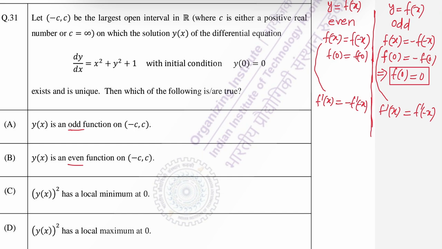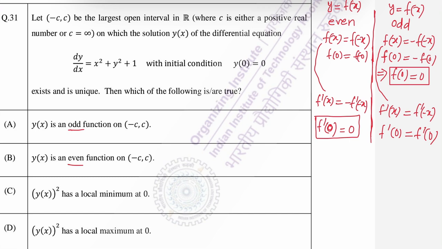Now put again x equals 0 both sides, then here we have f'(0) equals 0, and this is an important relation. And here, if you put x equals 0, then it will be f'(0) equals f'(0). So you are not getting anything.